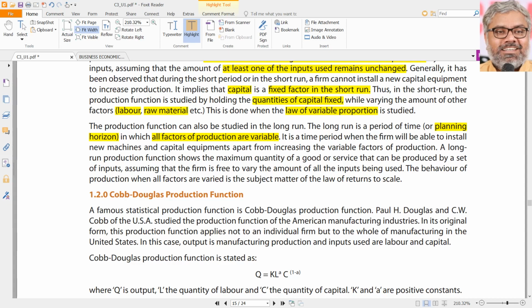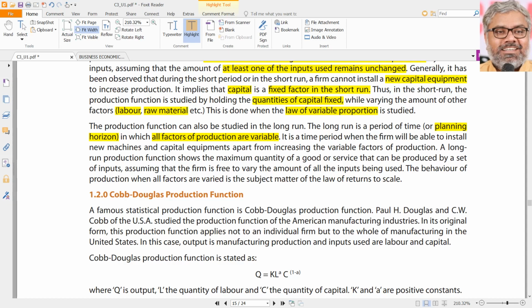If all the factors of production are variable, then that time period is called the long run. For example, installing new capital equipment is not going to be easy in the short run, so that can be considered as fixed.